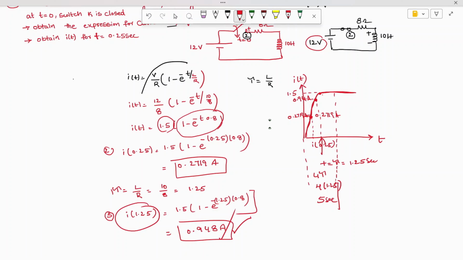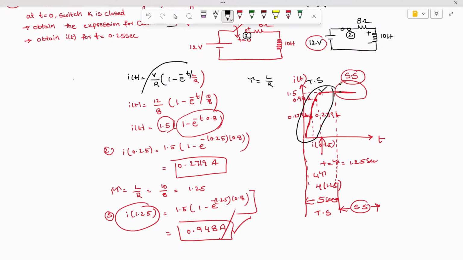Up to 5 seconds the inductor is in the transient state. After this, we have only the steady state. This is completely steady state, where the inductor has reached steady state, while this earlier region we call the transient state.